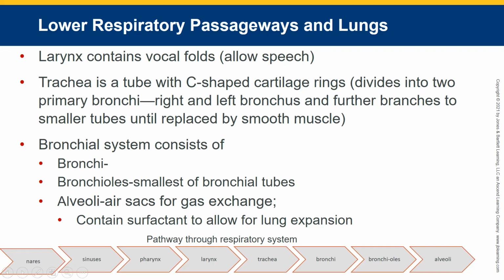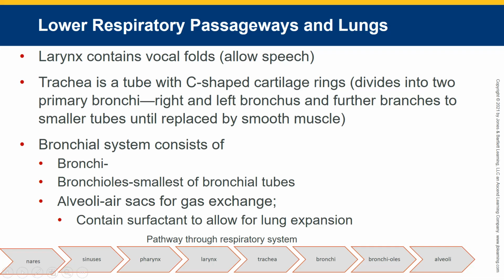And so you can see this is just a pathway through the respiratory system that we see. So the nose, the nostrils, goes into the sinuses, goes into the pharynx, larynx, and then to the trachea, to the bronchi, to the bronchioles, and to the alveoli, where gas exchange occurs.